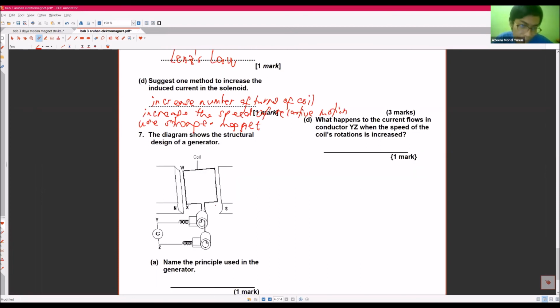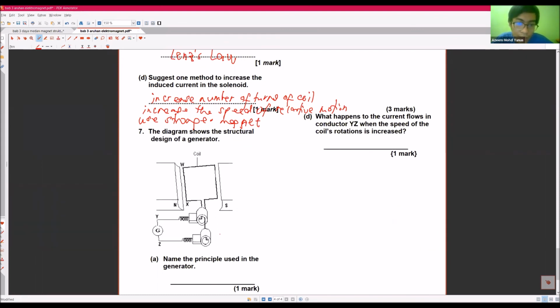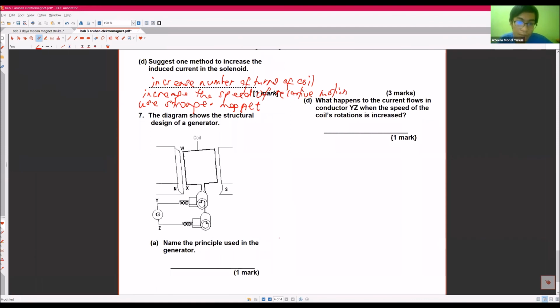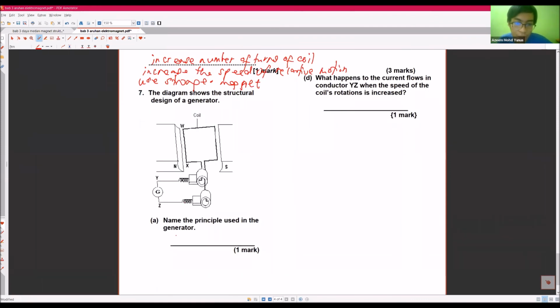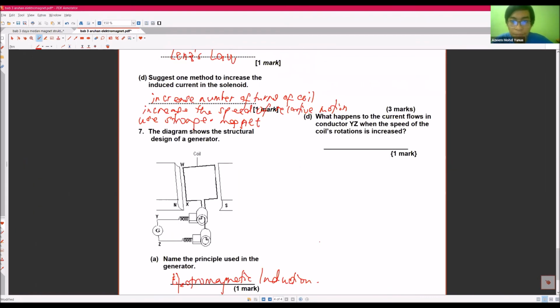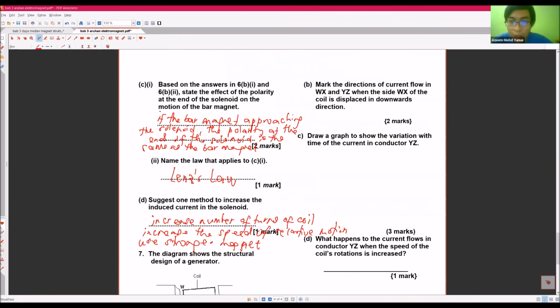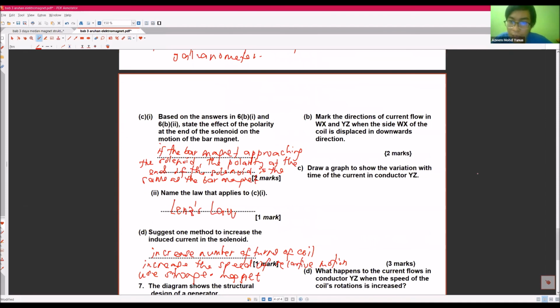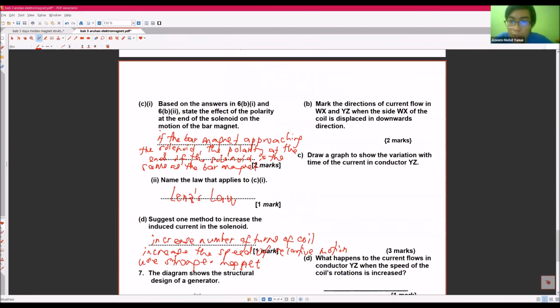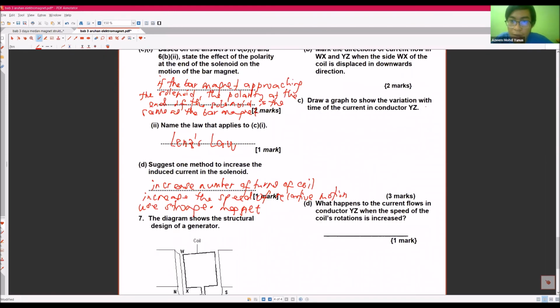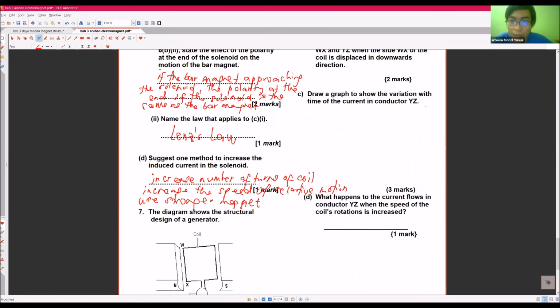The diagram shows the structural design of a generator and the principle used in the generator is electromagnetic induction. Mark the direction of the current flow in WX and YZ when the side WX of the coil is displaced in a downwards direction.